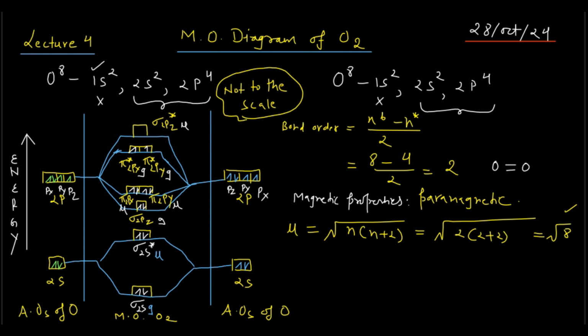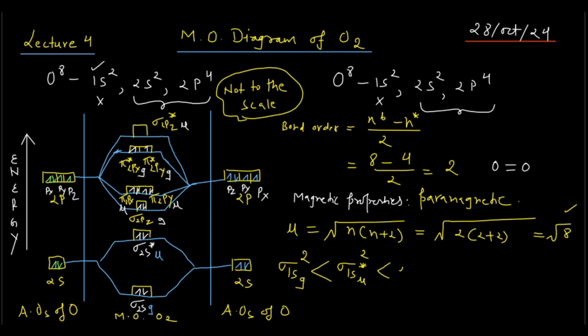So this is the molecular orbital diagram of the oxygen, and if you want to write the electronic configuration of these molecular orbitals, then you can write just like that. Sigma 1s gerade, this will have 2 electrons, and this is lowest in energy. However, I didn't draw the 1s diagram, but I am writing the configuration. Then your sigma 1s anti-bonding, it is ungerade, and if you want, you can put a star also over there. 2 electrons are here.